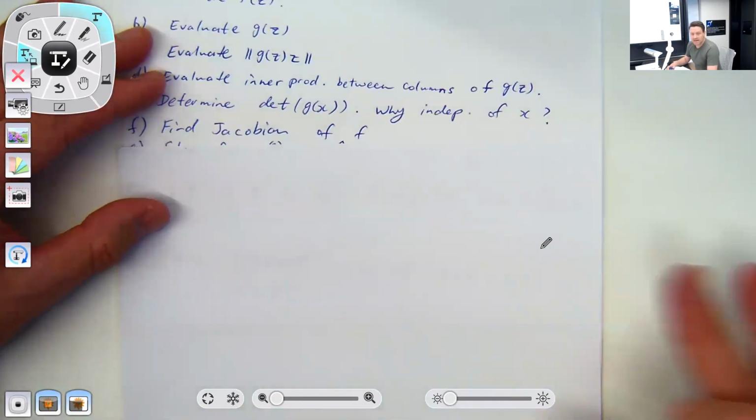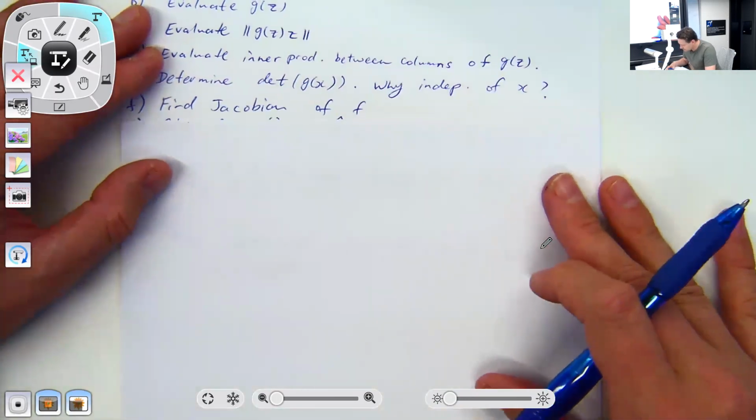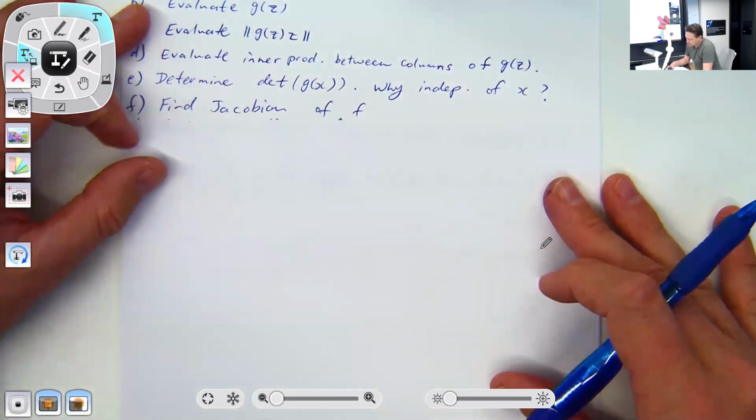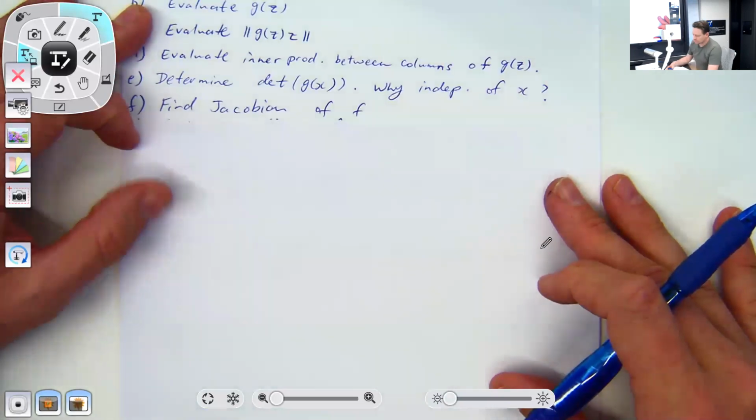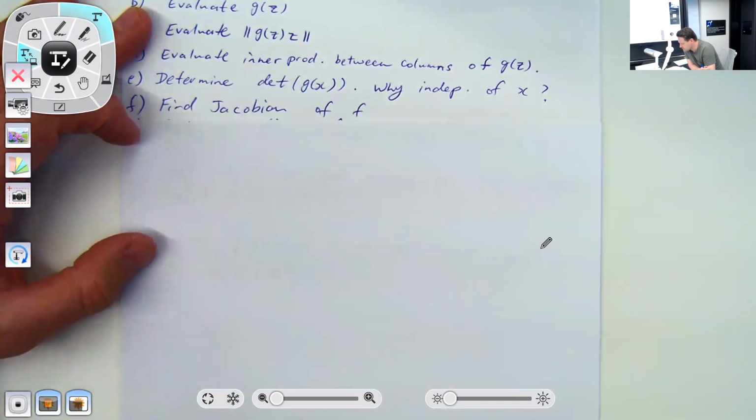F says calculate the Jacobian of F. So we'll first write the formula for the Jacobian. Since F has u's and v's in it, rather than writing this in terms of x's and y's, we'll write this Jacobian in terms of u's and v's, just to make it clear to calculate and see.